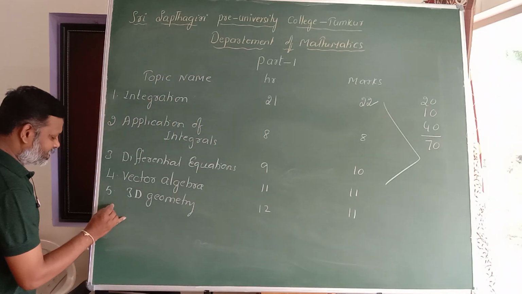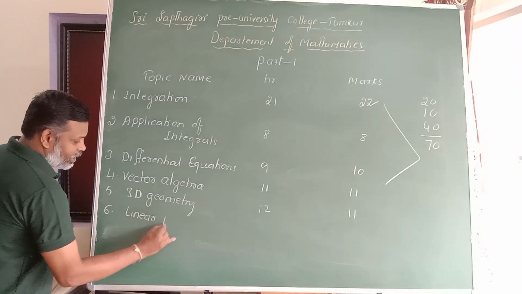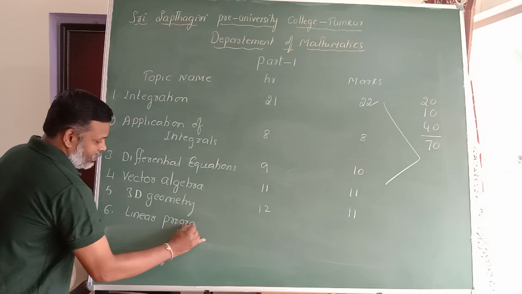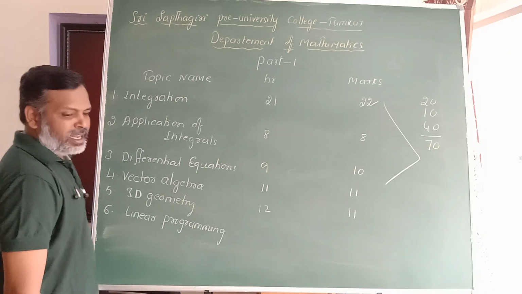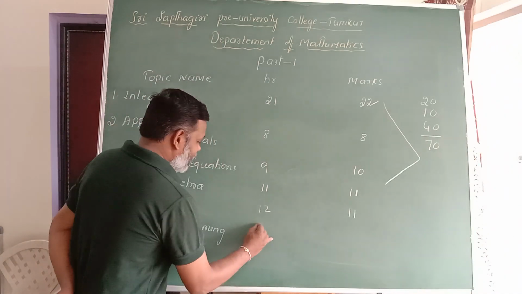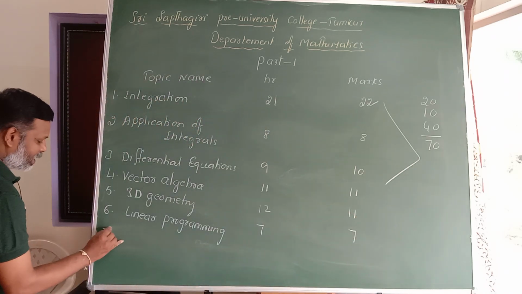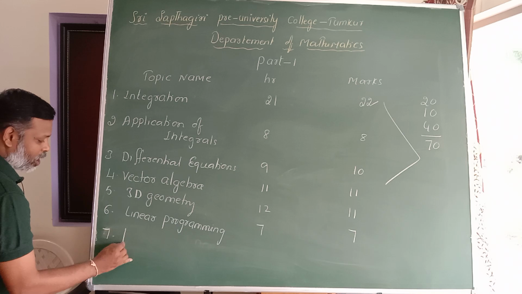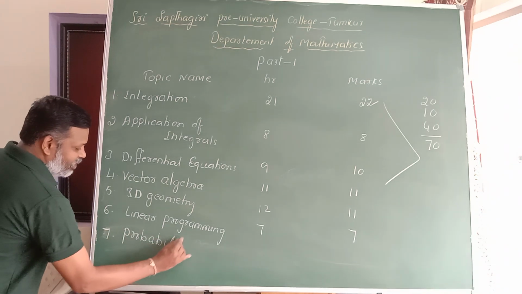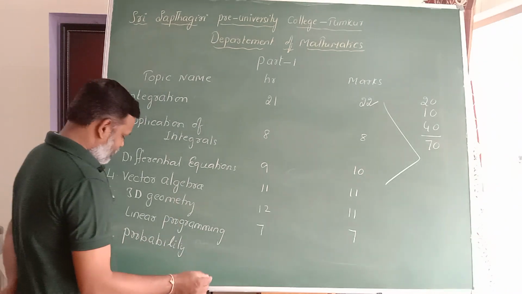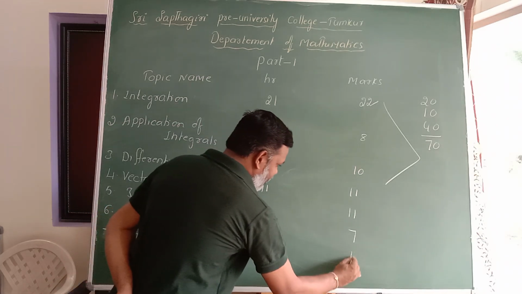Next, the sixth one is linear programming, a 7 hour topic carrying 7 marks. And the last one is probability. This topic is also carried from your first PUC. It is 12 hours of teaching and carries 11 marks.